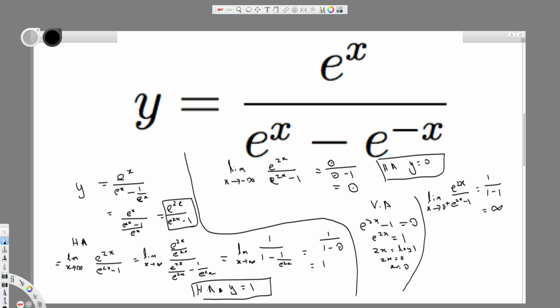From the other side, the limit is going to be negative, so it's going to be 1 minus 1, but the final value will be negative infinity. That's the difference. Therefore this is our vertical asymptote. So the vertical asymptote is x equal to 0. This is my final answer.